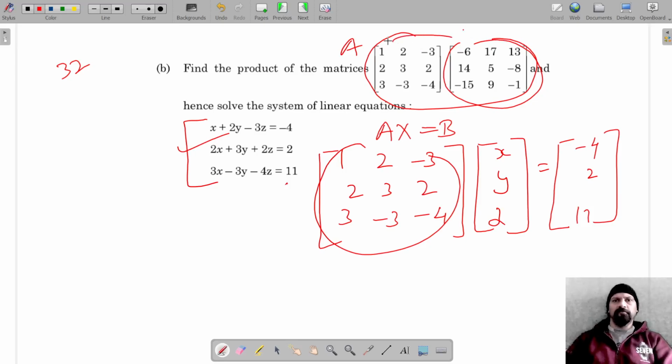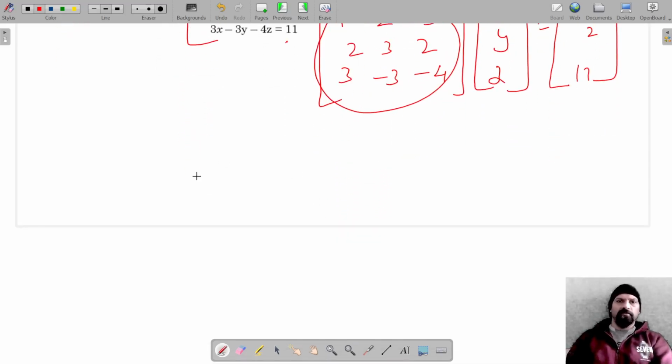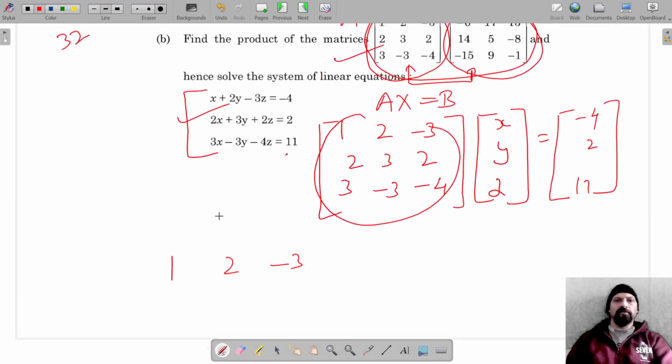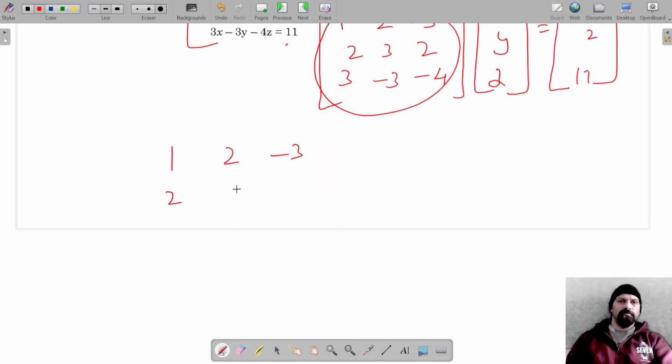So let's multiply them. Clearly, we find the product of these two matrices. The first matrix is 1, 2, negative 3, then 2, 3, 2, and the third row is 3, negative 3, negative 4.